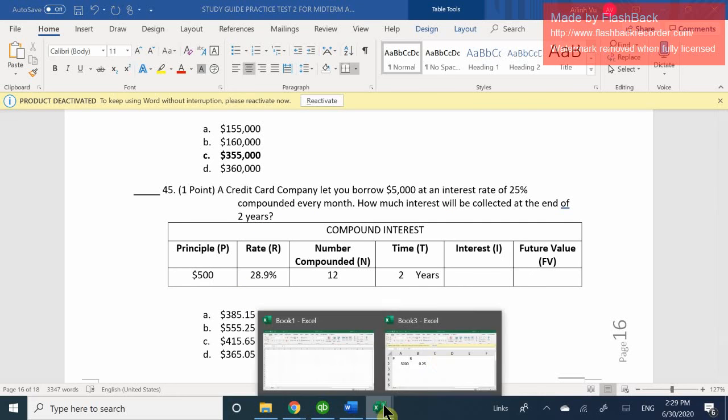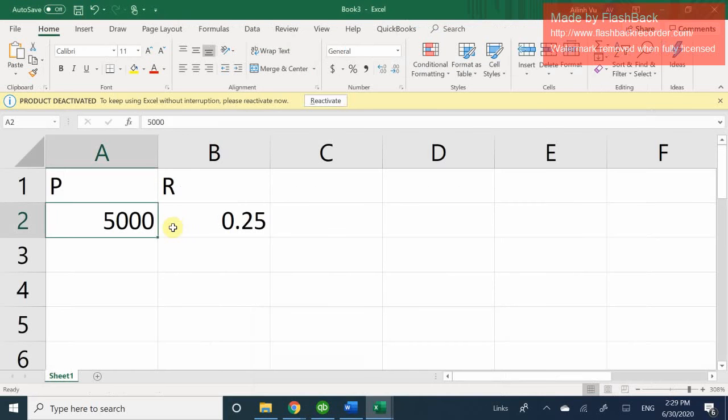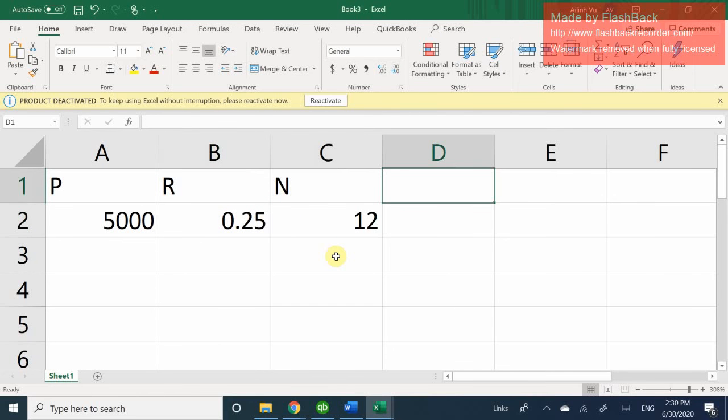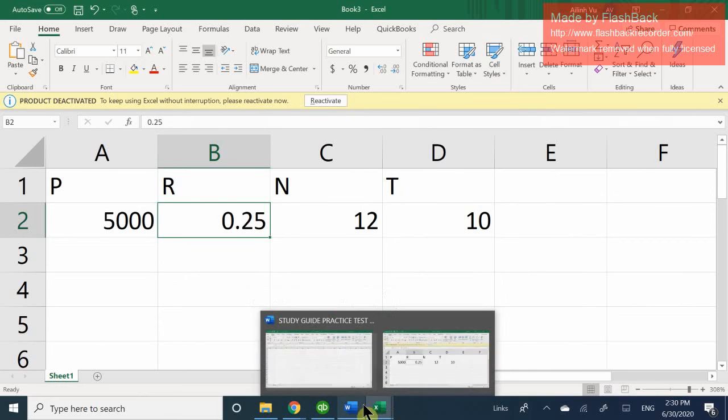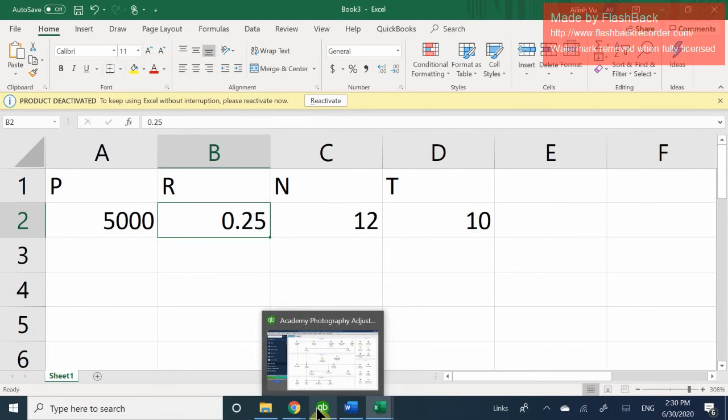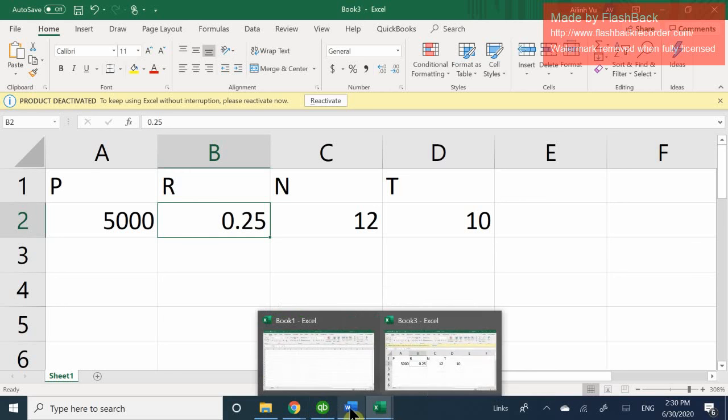Typos again. Okay, principal 500, rate is 25. Your n is going to be 12, and your time is 10, right? It's different in the question, in two different places. Okay, all right, my bad, I'll fix that.